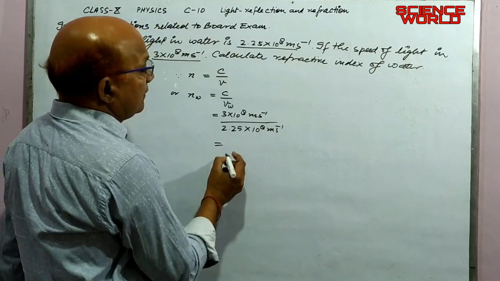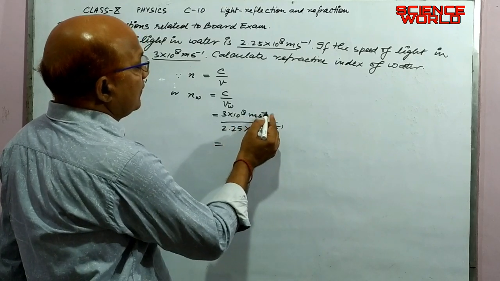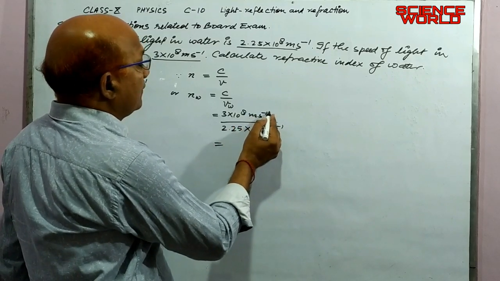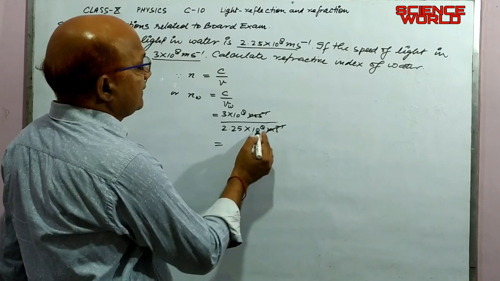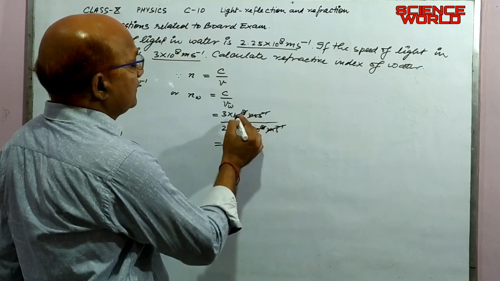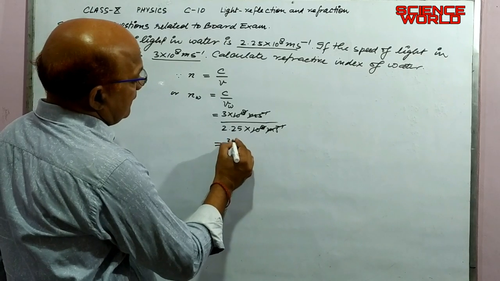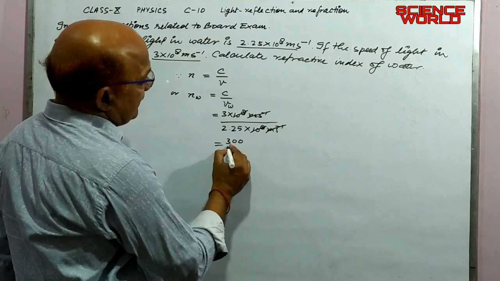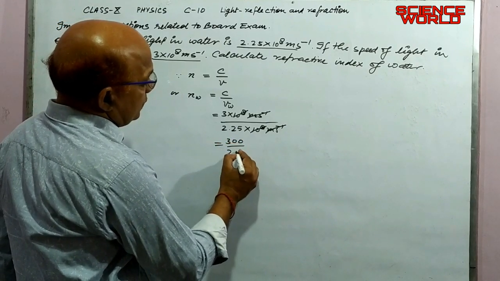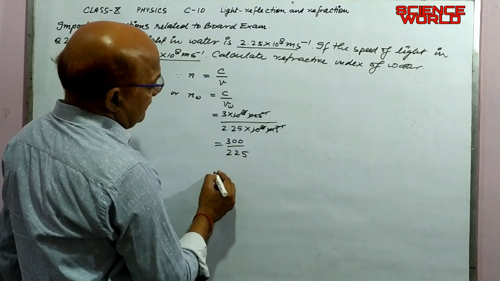Now, meter per second is cancelled. 10 to the power 8 is also cancelled. Now, you can write this 300 upon 225.